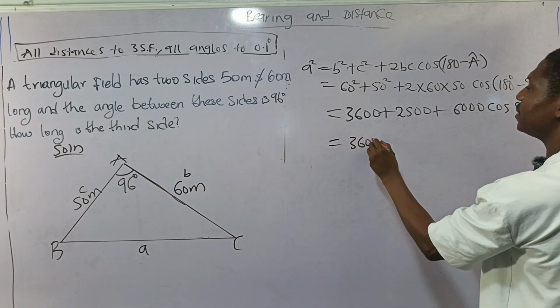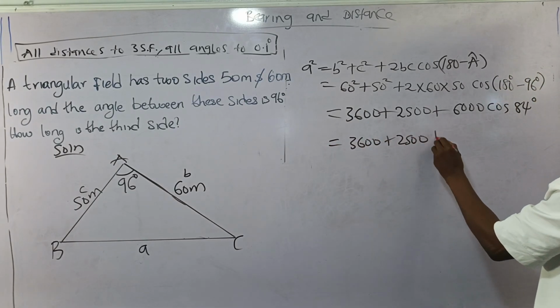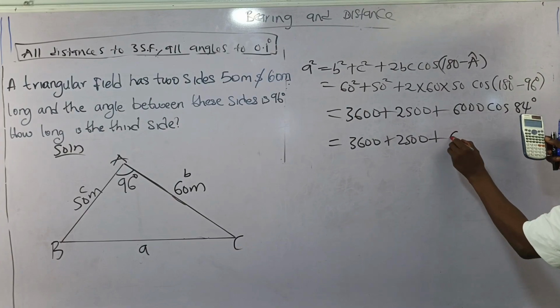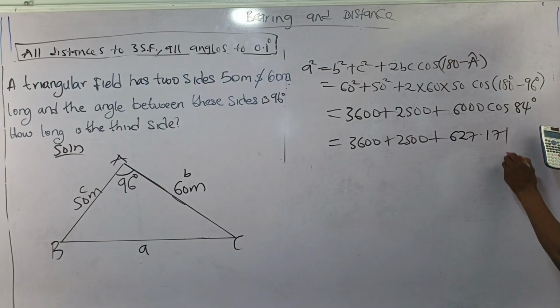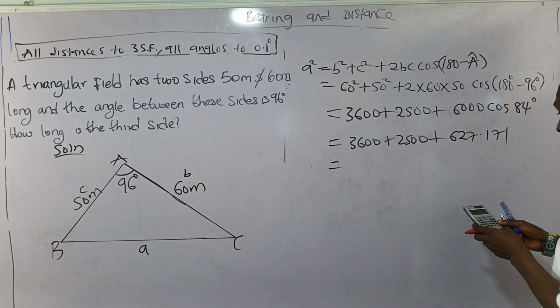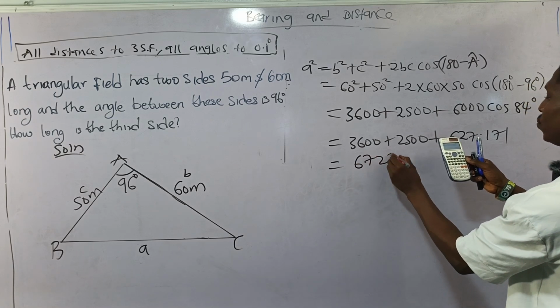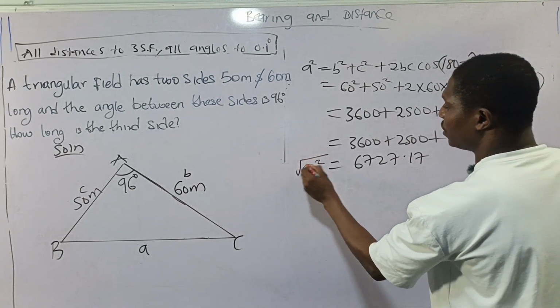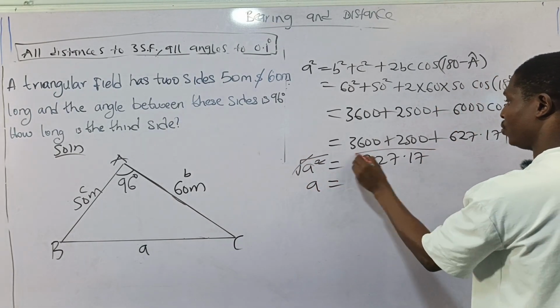So this will give me 3,600 plus 2,500 plus cos of my answer times 6,000. That will give me 627.171. And if I add up, I'll have 3,600 plus 2,500 to give me 6,727.17. And to remove my square, I'll take the square root, and A will be equal to the square root of this.